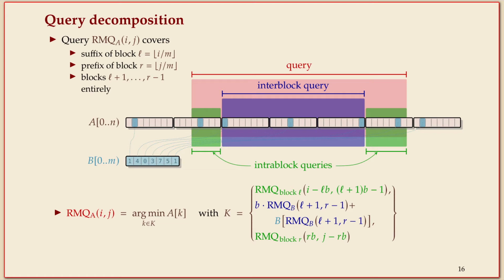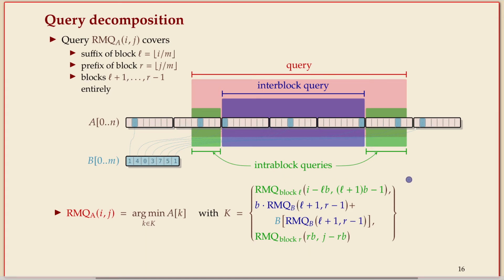You can spell this out more carefully in this formula. The range min query for the red range actually asks for the index k, where the array is minimal, and leftmost of these. And this index k is just 3 numbers now. The minimum from the green part, the minimum from the blue part, the minimum from the other green part.